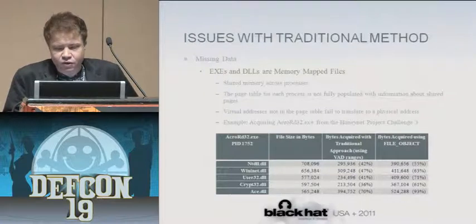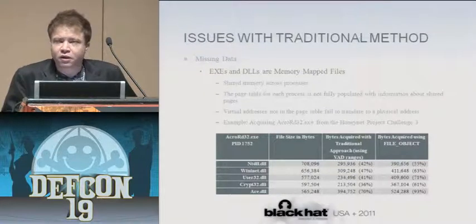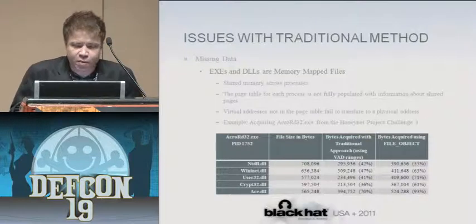And then I used a different technique that we're going to cover in the last half of this presentation, which was using what's called file objects, which represent the memory map files.